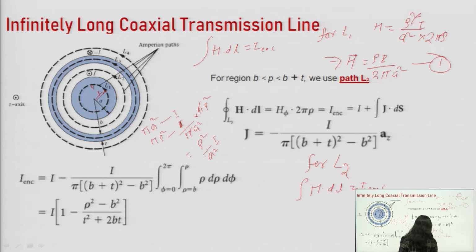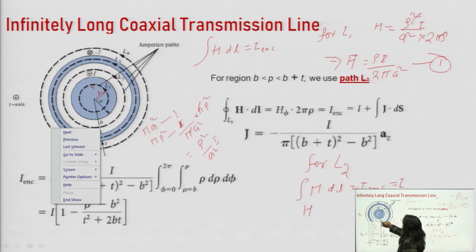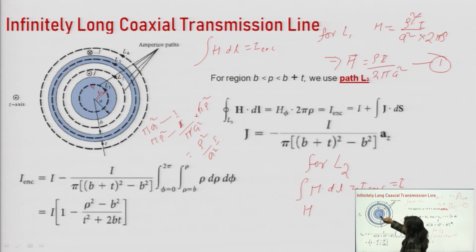Our point of interest is here, and for this point the total current enclosed is I only. So we will write here I. H is H, and dl is 2 pi rho. So the total H for L2 will be equal to I by 2 pi rho.